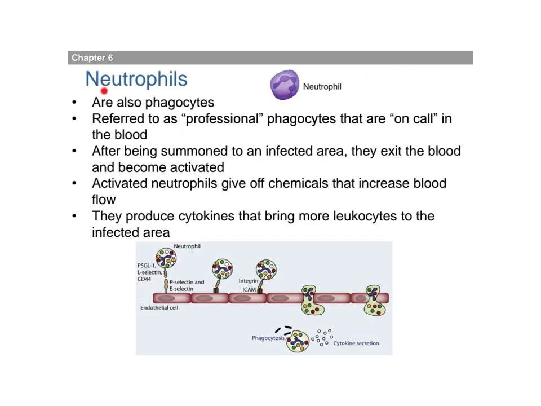As I mentioned earlier, neutrophils are the other type of phagocytotic cell. They're referred to as professional phagocytes that are on call in the blood. After being summoned to an infected area, they exit the blood and become activated. These activated neutrophils give off chemicals that increase blood flow also, as macrophages do, and they also produce cytokines that bring even more leukocytes to the infected area.